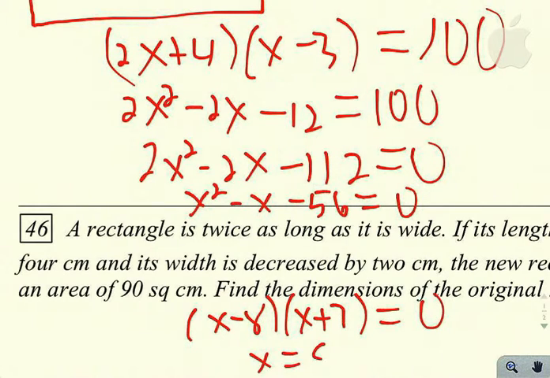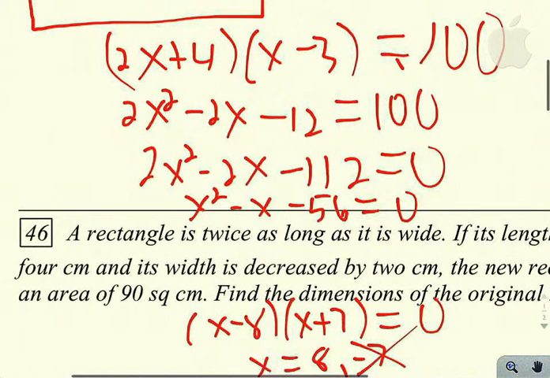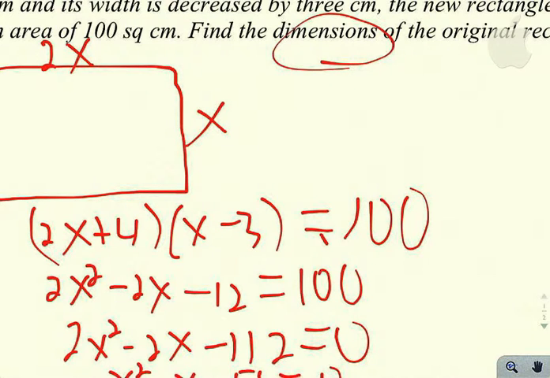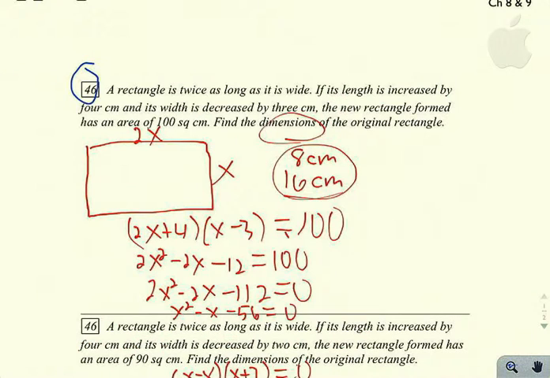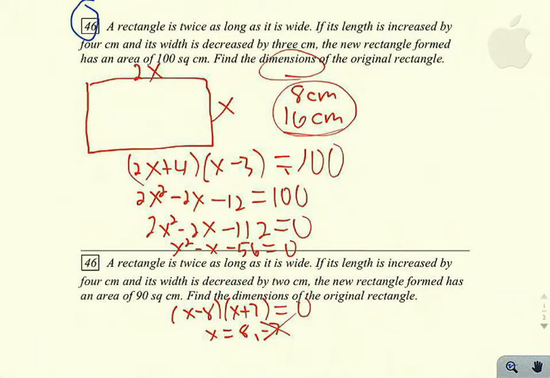So x would be 8 or negative 7. But we can't have a negative length. So x is 8. So the dimensions would have to be 8 centimeters is the width, and 16 centimeters must be the length. And there's number 46.